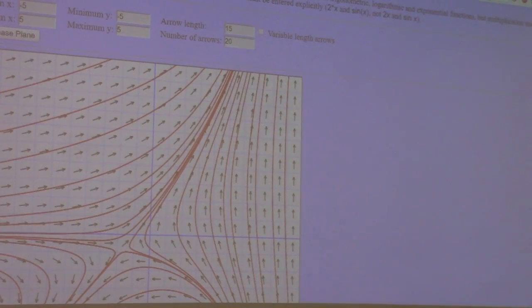You want to click some points so you have some representative solutions. Think about what makes a good picture of what you're doing. But here it is. 2 times x plus y plus 3. What's the other one?